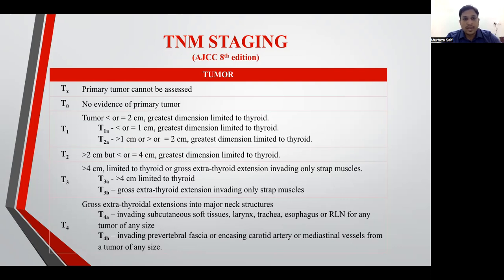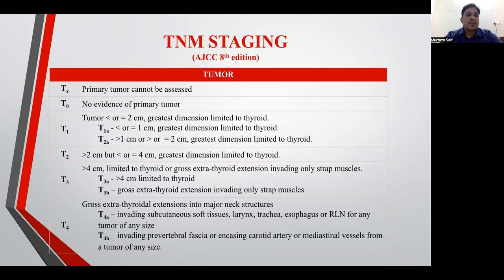And T1b is more than 1 centimeter but less than or equal to 2 centimeter in its greatest dimension, limited to the thyroid. Then T2 is more than 2 centimeter but less than or equal to 4 centimeter. So 2 to 4 is the range of T2 in its greatest dimension, limited to the thyroid.